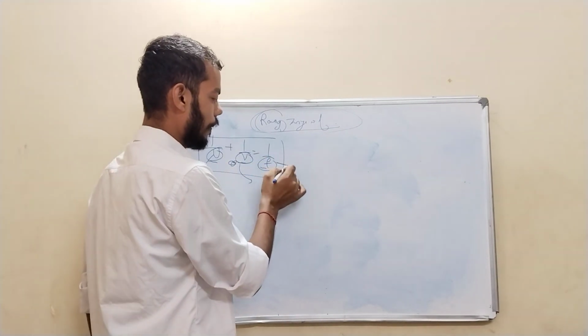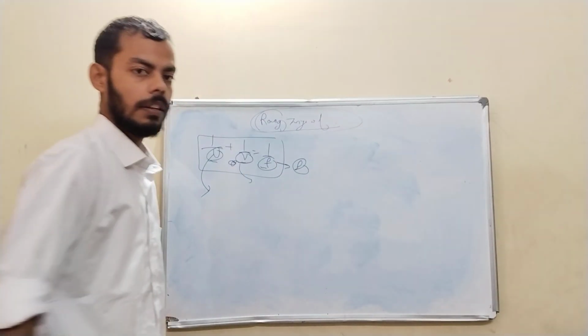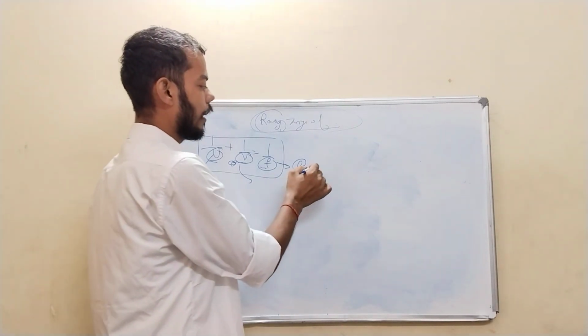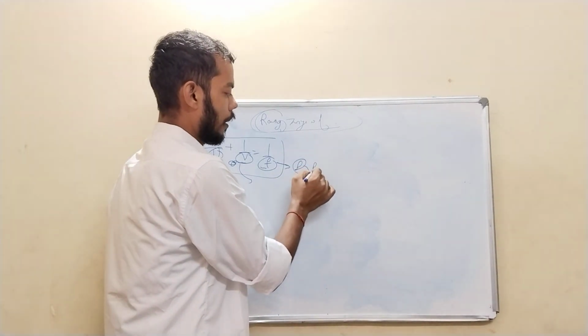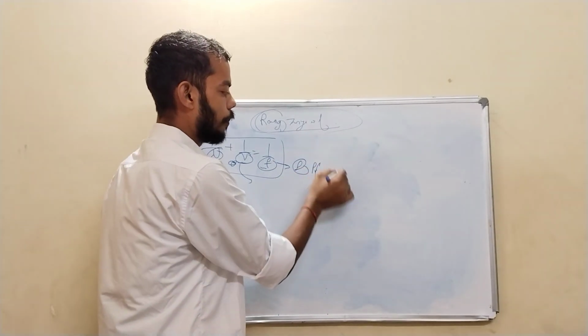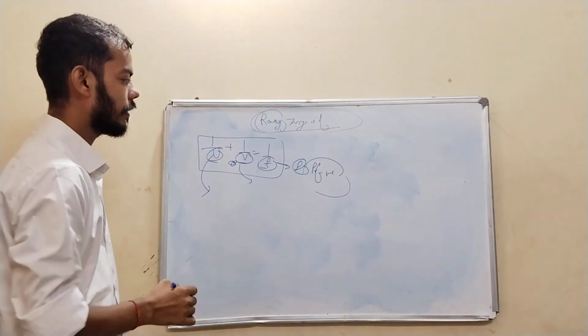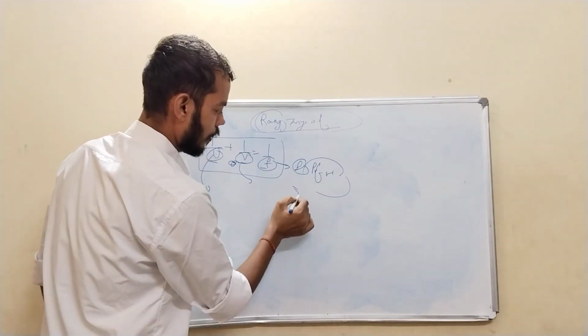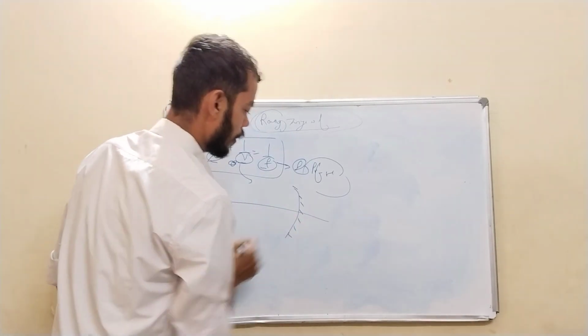What is the focal length? f is the focal length. Focal length is the distance between the principal focus and the pole of the mirror.